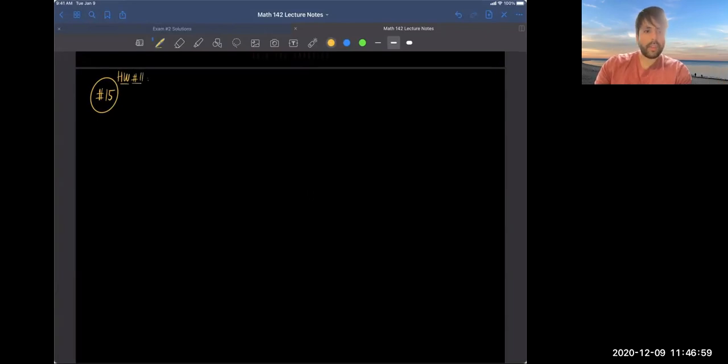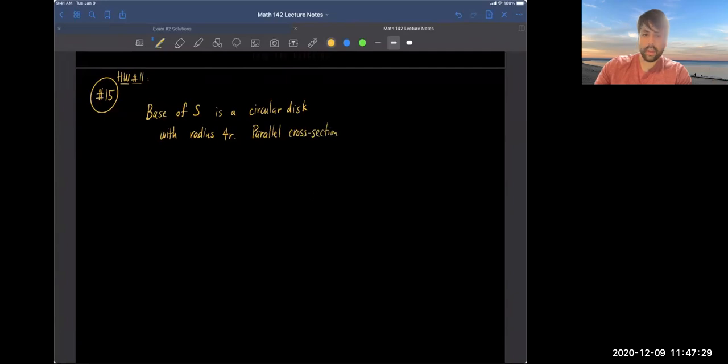It says a volume is described, find the volume of the described solid S. The base of the solid is a circular disk with radius 4r, and we have parallel cross sections perpendicular to the base that are squares.